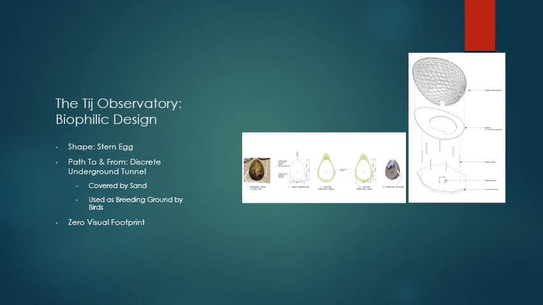It's underground, covered by sand, and the sand is used by the birds to create their nests for their eggs. So the visitors are completely hidden from the birds. It has a zero visual footprint because the structure is completely camouflaged within its environment.